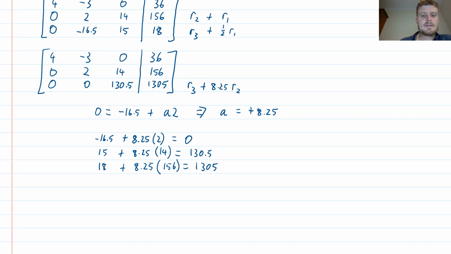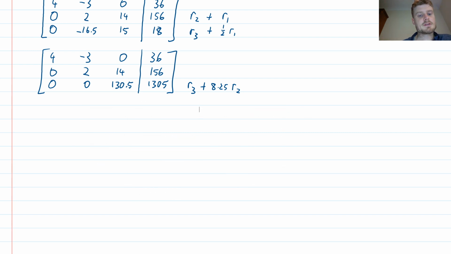So this now gets me much closer to having solved this system. So let's actually sort out this final row. Basically, this final row is sorted, and I can read off the values from that.